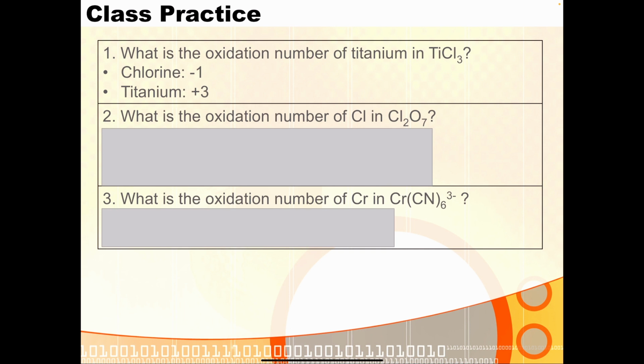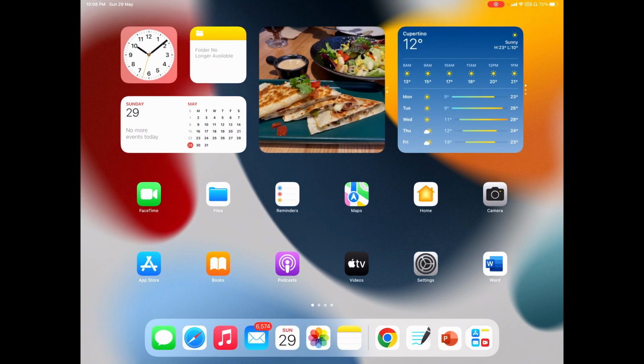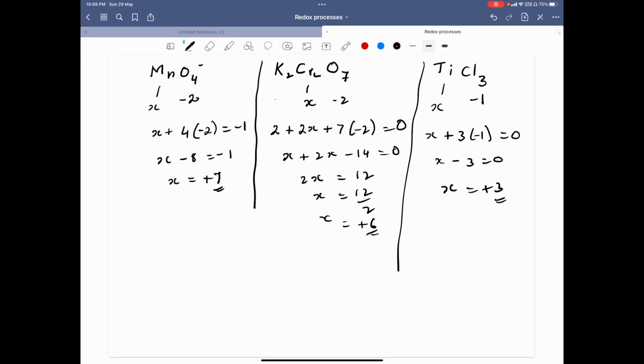Now let us find out the oxidation state of chlorine in Cl2O7. We have to find out the oxidation state of chlorine, so let's put it as X. Oxygen we already know is minus 2. So 2X, because there are 2 chlorine, plus 7 oxygen times minus 2.